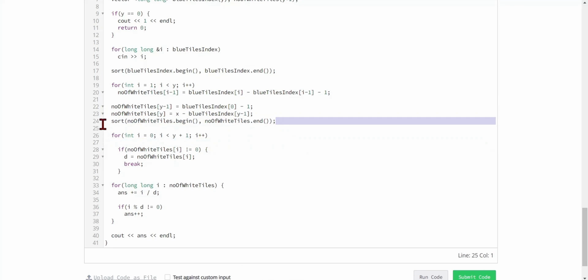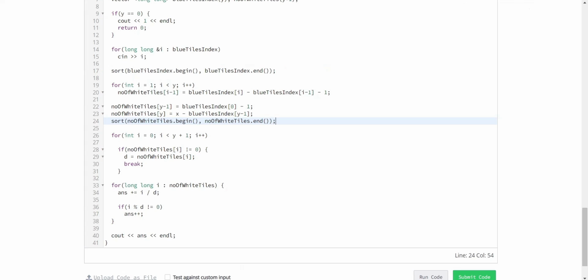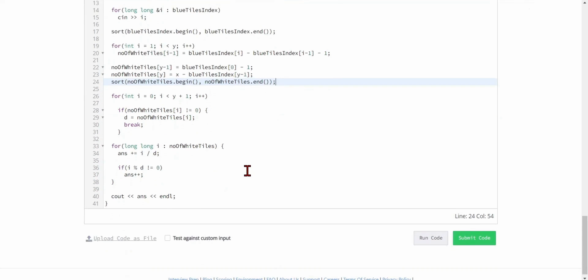Now sorting this number of white tiles. After sorting, the number of white tiles will become 0, 2, 3, and 5. Now we need to decide D, that is the number of tiles that can be painted in one paint job.